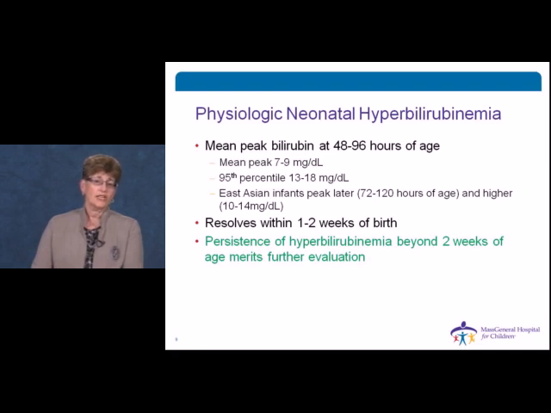And generally, it resolves within 1 to 2 weeks of birth. And that's why, and I've got it in green, appropriate for bilirubin, persistence of hyperbilirubinemia beyond that time, beyond 2 weeks of age, merits further evaluation. And that's really the message of the talk for us as pediatricians, that that's really an important take-home message.